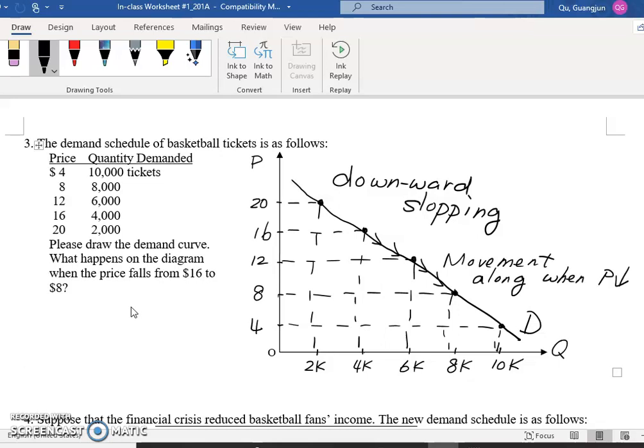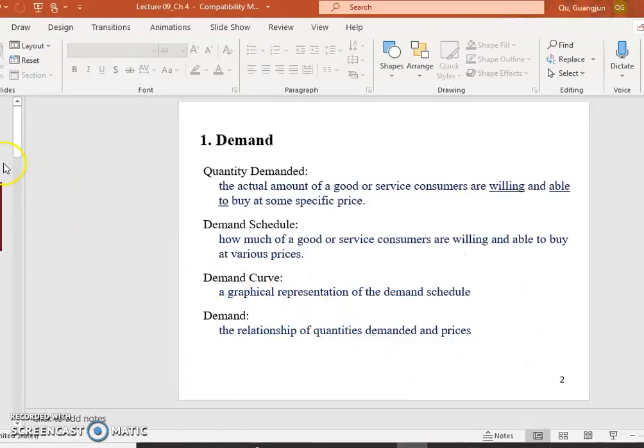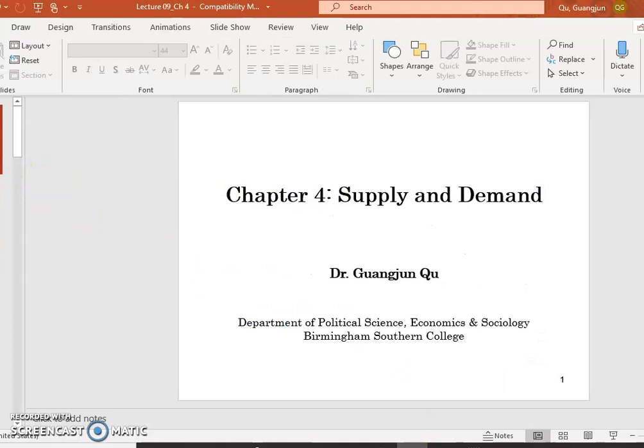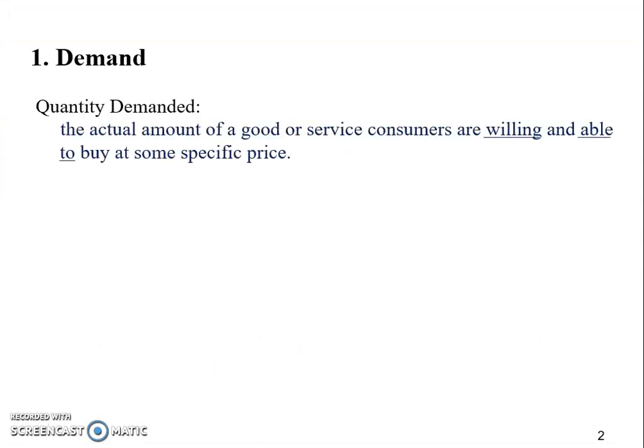Now, let's switch back to the slides and take a look at these basic concepts here. The first one is quantity demanded, which is the actual amount of a good or service consumers are willing and able to buy at some specific price.